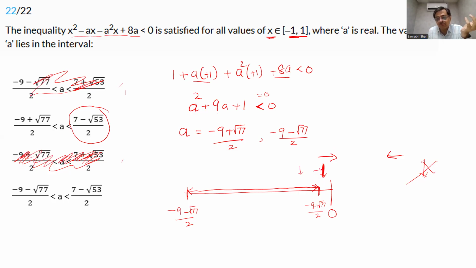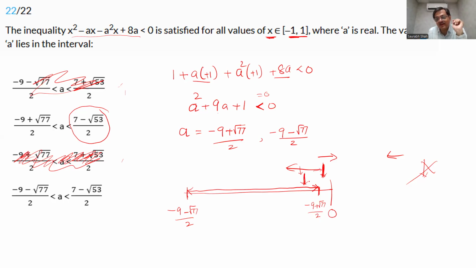Then, of course, the answer would have been the given range itself, minus 9 minus root 77 by 2 till minus 9 plus root 77 by 2. Then this entire range would be the valid range, which is not there in the options. That means the value (7 minus root 53) by 2 must lie somewhere here, a little less than the upper limit of (-9 plus root 77) by 2.